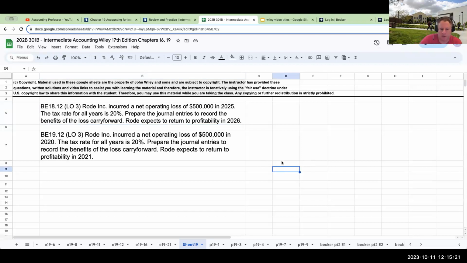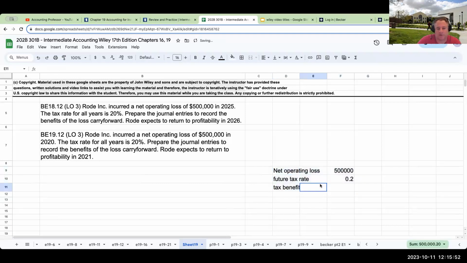So essentially, we know that this is a net operating loss carryforward. We have a net operating loss of 500,000 at 20%, so my tax benefit, because I can carry forward this loss, is roughly $100,000.